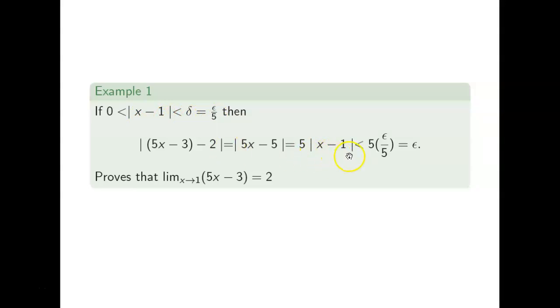So 5|x minus 1| will be less than 5 into epsilon by 5, which gives you the value equal to epsilon. So this gives that whenever this delta condition is true, then |f(x) minus 2| is less than epsilon, which proves the limit x tends to 1, 5x minus 3 equal to 2 in terms of epsilon delta definition of limit of functions.